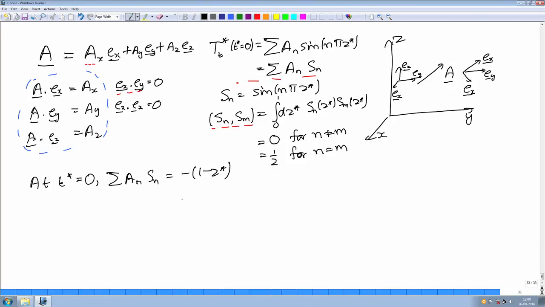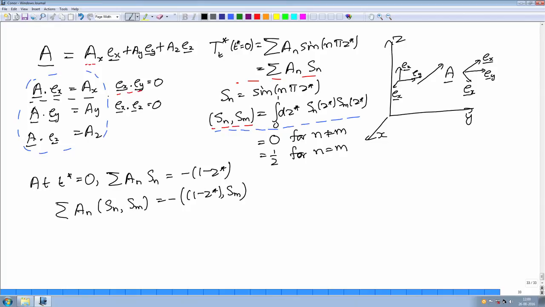If I take this inner product on both sides with respect to m, where the inner product is defined in this manner, then I will get sigma a n S n comma S m is equal to minus the inner product of 1 minus z star comma S m. Similar to what I am doing over here.